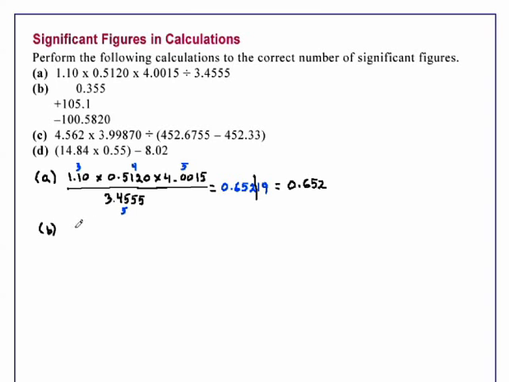So we have 0.355, to which we're going to add 105.1, and then we're going to subtract 100.5820.